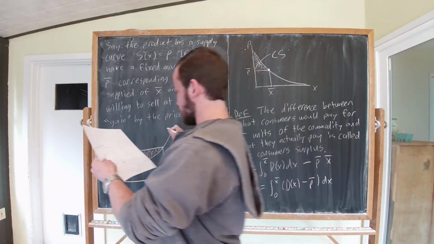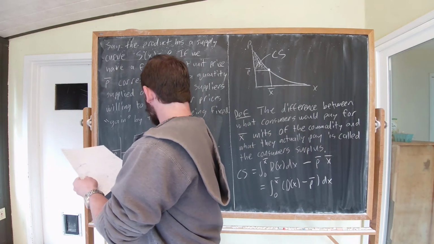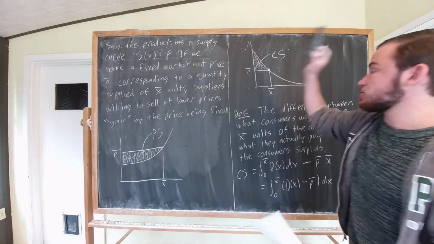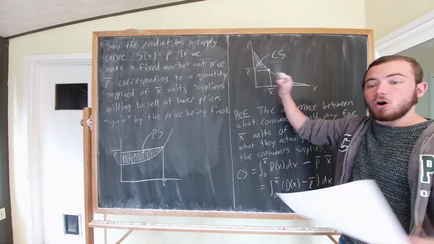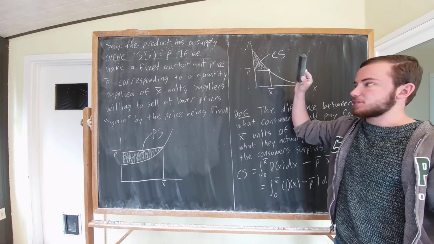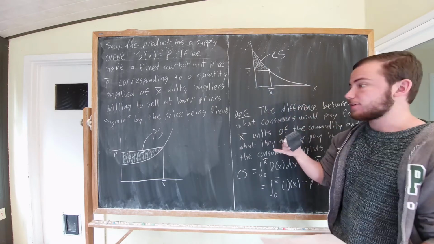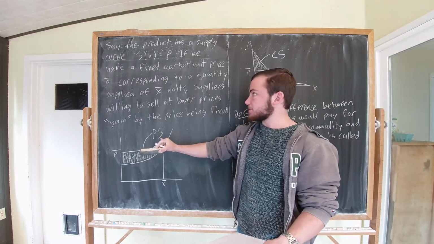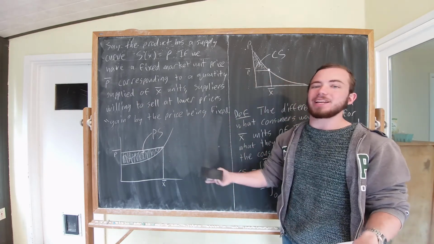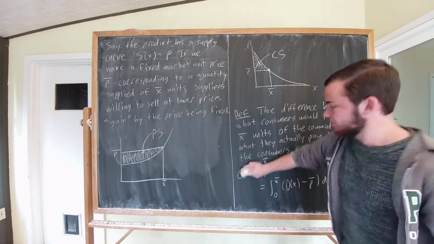And so we call this the producer's surplus. Just like how we have the consumer surplus measuring, okay, how much do all consumers who would have purchased at higher prices save? The producer's surplus measures, okay, how much do all suppliers who would have sold at lower prices essentially profit?